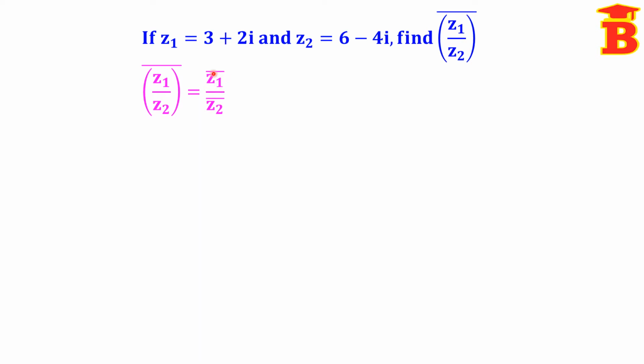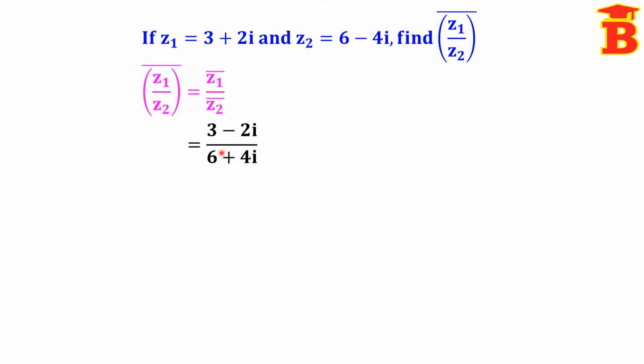Now Z1 bar means conjugate of Z1. That means change the sign of i. So that is 3 minus 2i, divided by Z2 bar. Z2 bar is conjugate of Z2. Z2 is 6 minus 4i. Change the sign of i, that is 6 plus 4i.